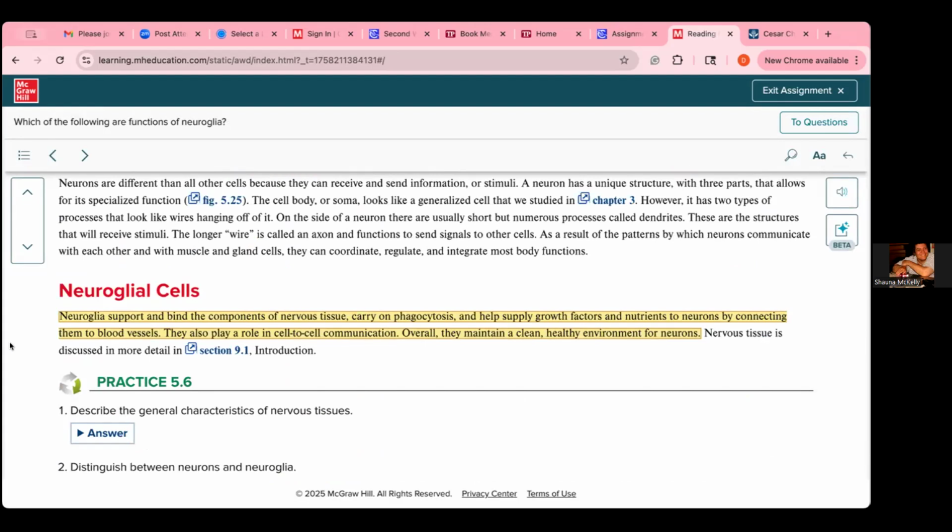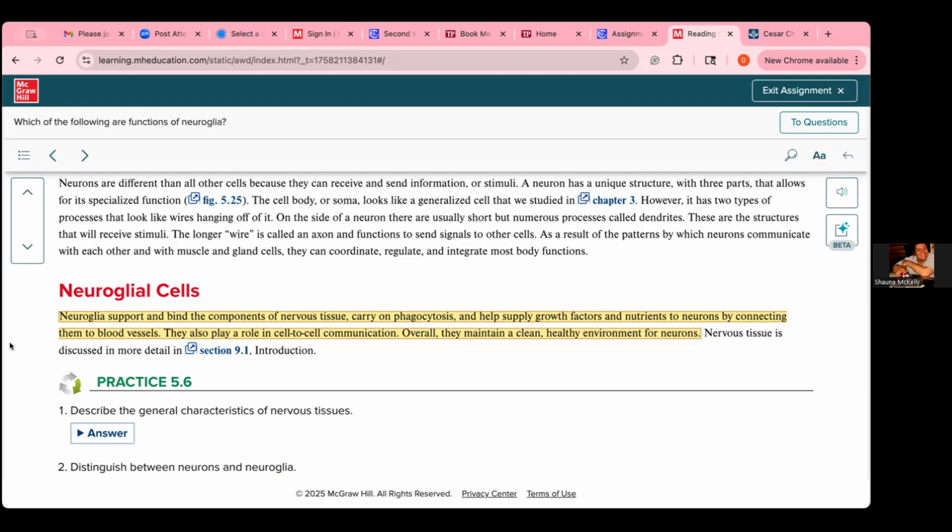They also play a role in cell-to-cell communication. Overall, they maintain a clean, healthy environment for neurons.